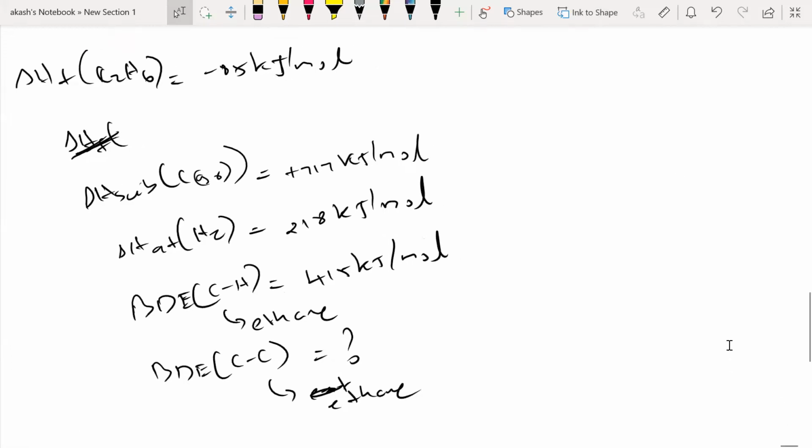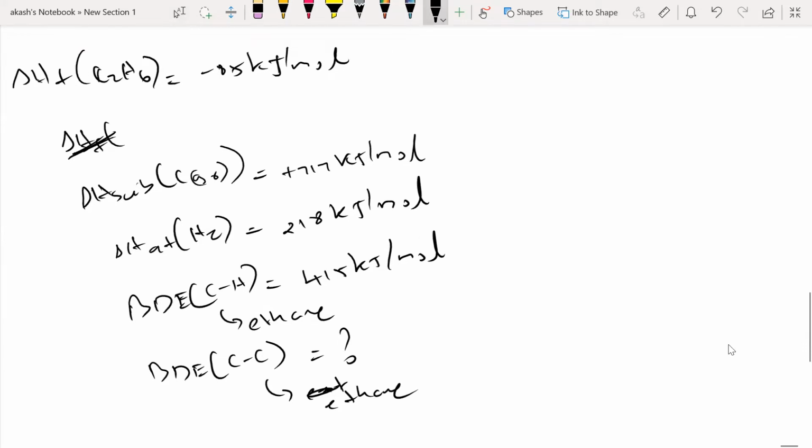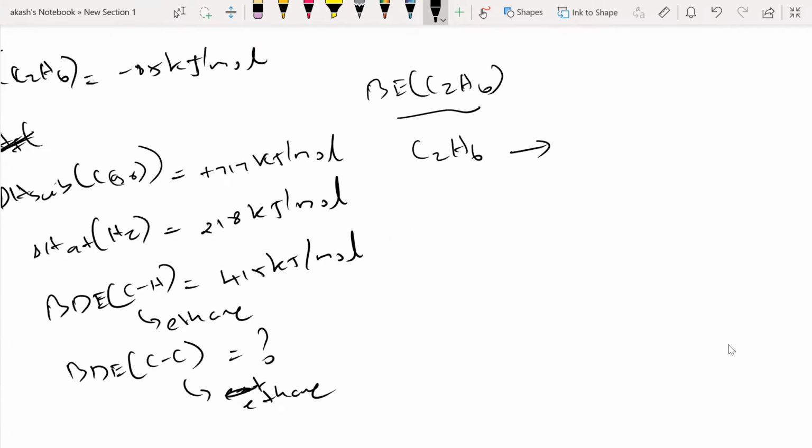Okay, fine, so let me do this. I told you it has to do something with your enthalpy of atomization of C2H6, right? So when I want to write bond enthalpy of C2H6, how do we write this? C2H6 should be going into the atomic state, that is 2 carbon atoms in gaseous phase plus 6 hydrogen atoms in gaseous phase.